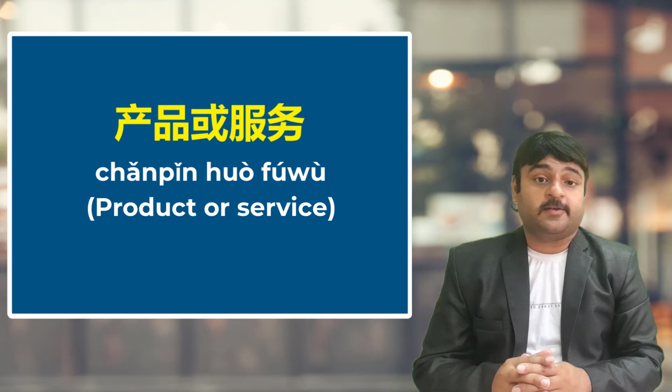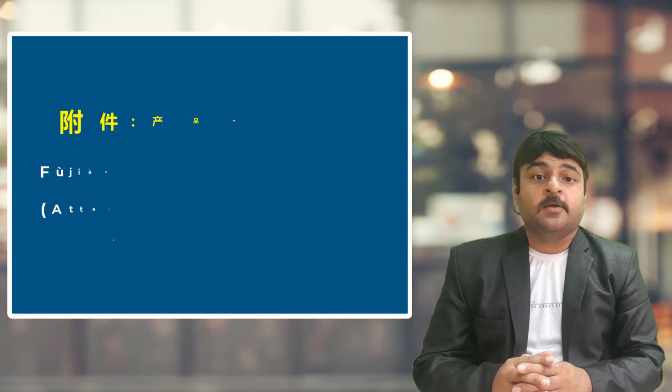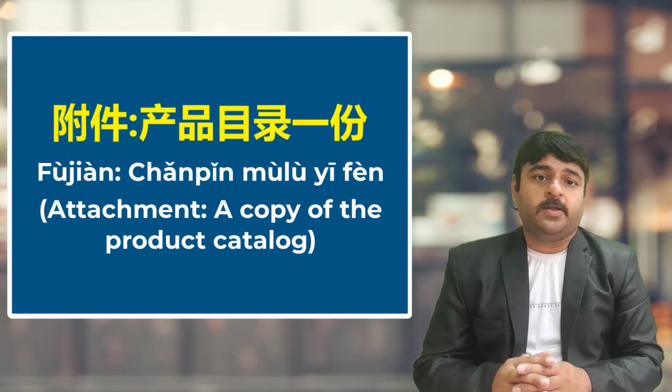In this part you can explain which products you are dealing in or which services you are dealing in. In this part you can also mention that we have attached a catalog with this email. So if you don't want to write anything in this column, simply mention the attachment that is along with this email. 附件产品目录一份 dash a catalog, a copy of catalog.